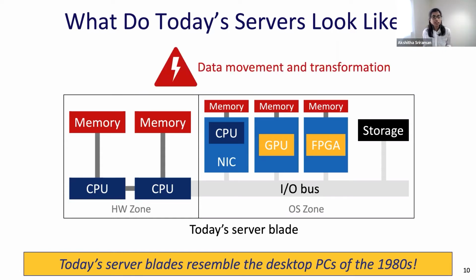And this has resulted in a lot of data fragmentation, which has resulted in a lot of consequent data movement and transformation overheads. So now, if you look at what these extremely beefy server blades, by the way, are doing in the data centers today, they're basically doing simple things like saying that the data needs to go here, or the data needs to go there.